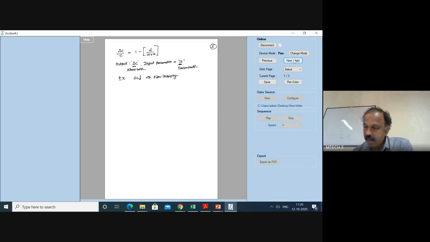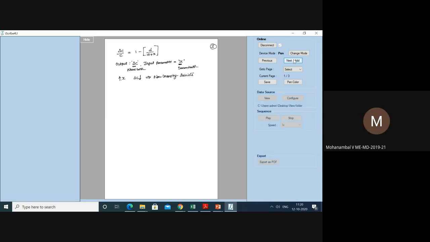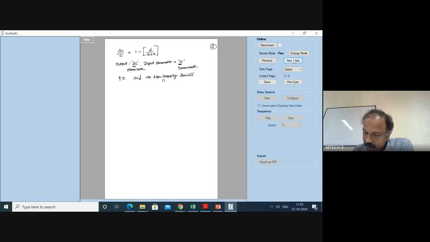Non-linearity exists. Are you understanding? This non-linearity will give rise to what is called non-linearity error. Where have you discussed this non-linearity error before?